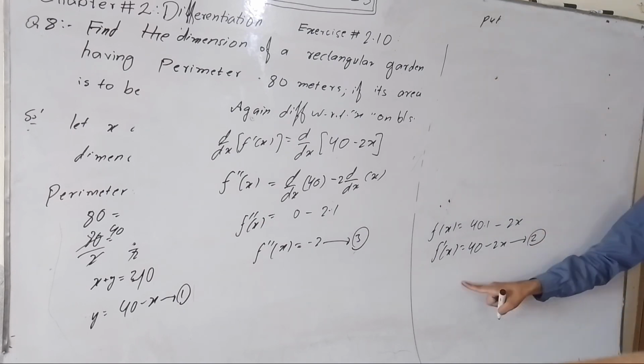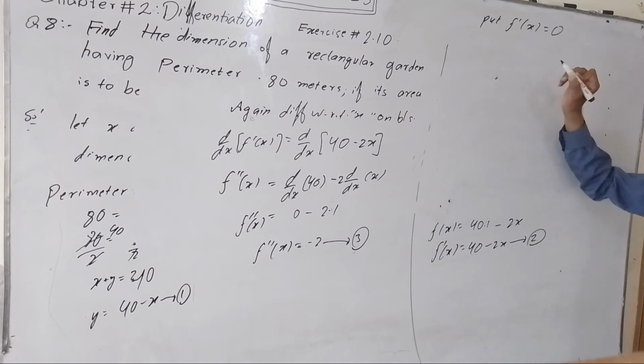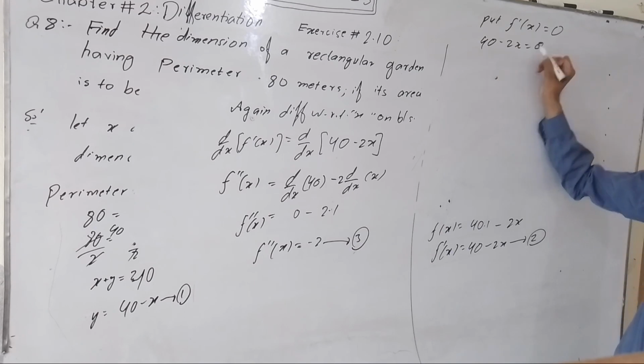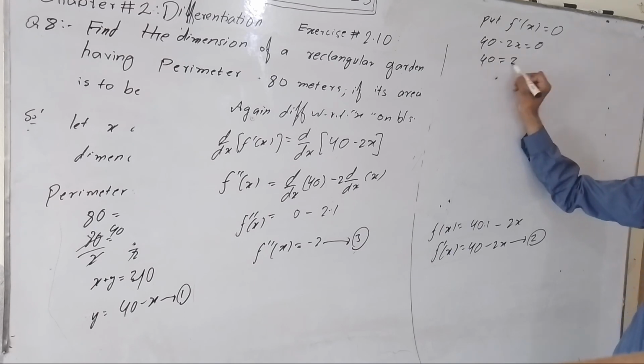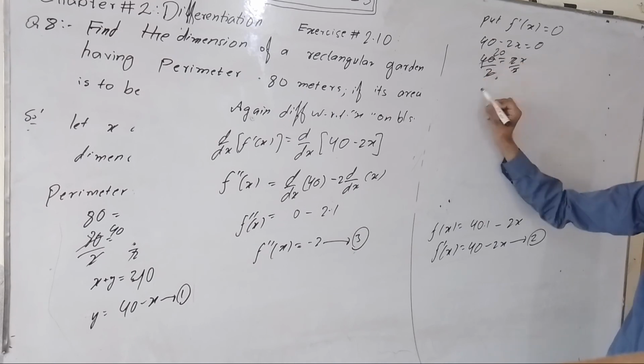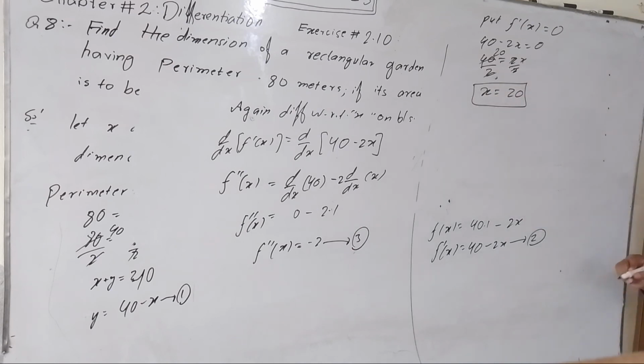Put f prime of x is equal to 0. So equation second becomes 40 minus 2x is equal to 0. 40 is equal to 2x, dividing by 2 on both sides, 20 is equal to x, so x is equal to 20 meter.